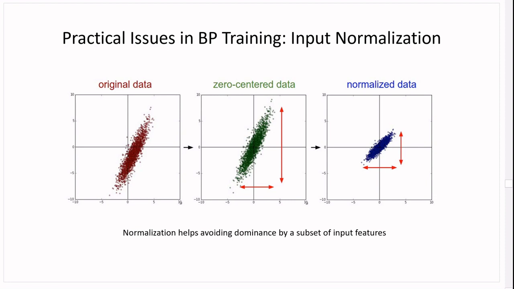Once that has been done, we normalize the data so that it has unit variance. That way, we ensure that no particular component of the data is going to be dominating. So this normalization is important, generally preferred, and performed right at the beginning.